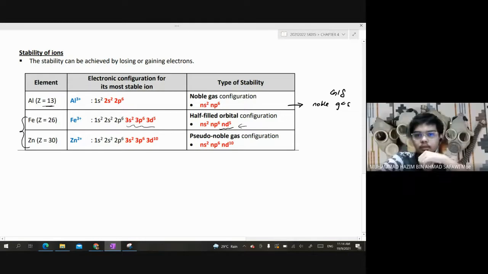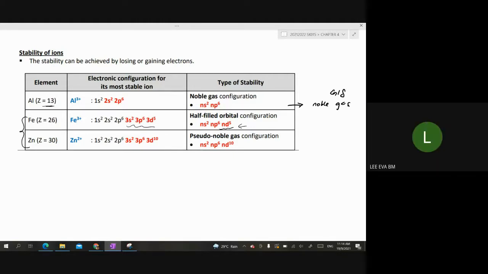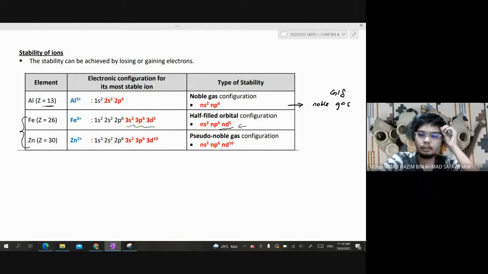So madam, basically speaking, the noble gas configuration is only for elements which are not transition elements, right? Yes. So whenever you don't see any d subshell, it means the element is from the s or p block. If it belongs to the d block, it's either half-filled orbital or pseudo noble gas.